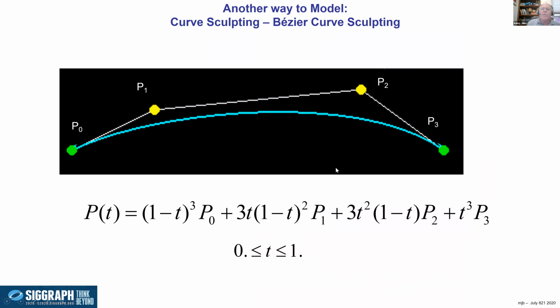Other ways of creating 3D shapes or creating shapes at a higher level is called curve sculpting. Curve sculpting is, well, imagine I had a piece of metal in my hand. I could twist the ends of it and it would make a certain shape. And depending on how I twisted my hands, it would make a different shape.